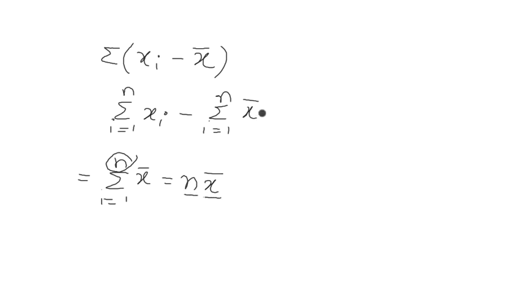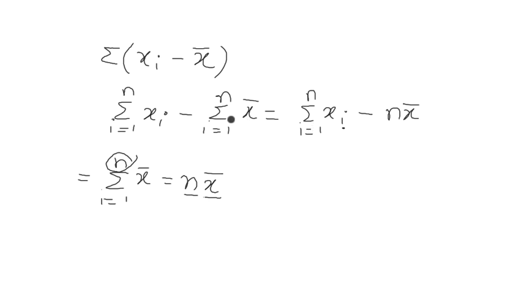So what will be the next step here? Summation of xi minus n x bar. But this xi is not constant with respect to summation, because summation is varying from i equal to 1 to n and here the index is also given as i. So xi is variable with respect to summation, while x bar is constant.